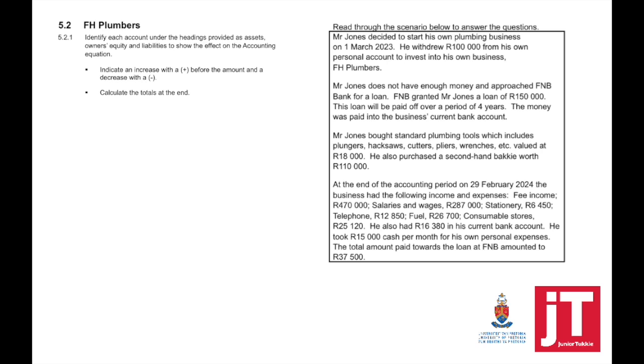Mr. Jones bought standard plumbing tools, which includes plungers, hacksaws, cutters, pliers, wrenches, etc., valued at 18,000. He also purchased a second-hand bakkie worth 110,000. At the end of the accounting period on 29th February 2024, the business had the following income and expenses.